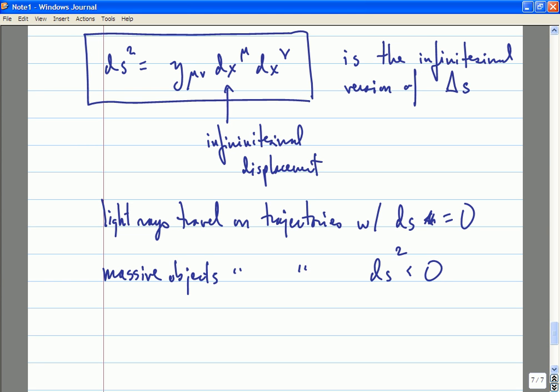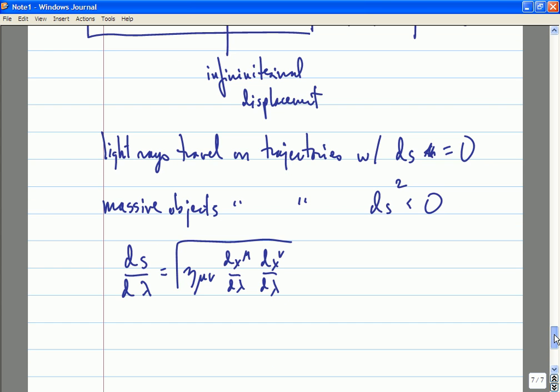And the quantity ds by d lambda, which is equal to the square root of eta mu nu dx mu by d lambda dx nu by d lambda, has a very simple physical interpretation.